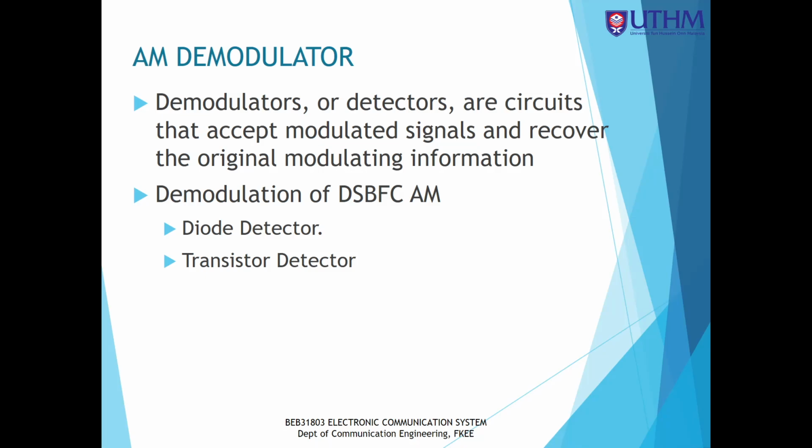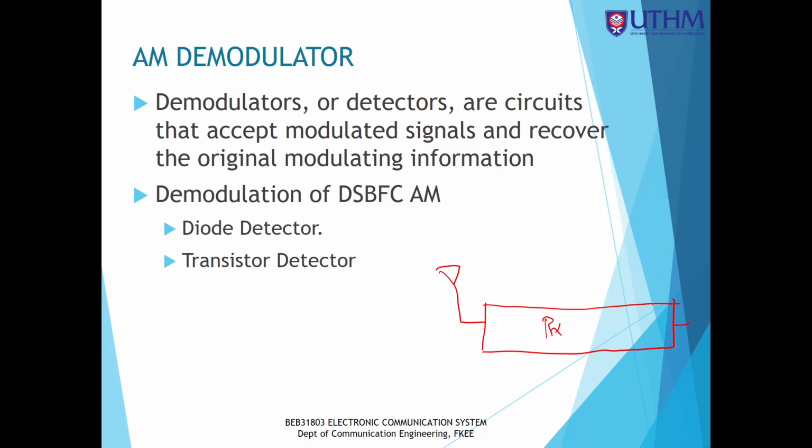So where are we now? We are learning about the receiver part. We have seen previously the modulator, which is in the transmitter. Now we want to see the receiver. For example, this is the receiver.